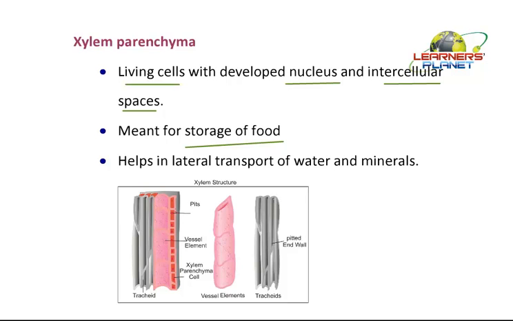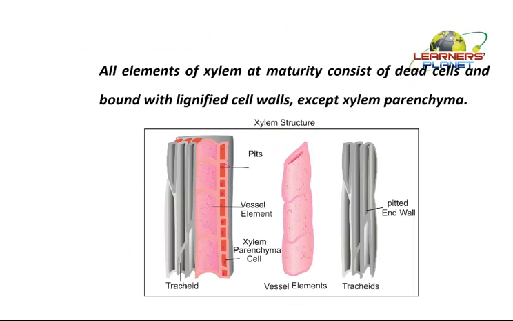So parenchyma has a dual function here: storage of food, and secondly, transport of material in the lateral direction. Vessels of xylem transport the material in the upward direction only. But of course, the lateral side also needs the material, and that is supported by the parenchyma tissue. These parenchyma are living in nature.